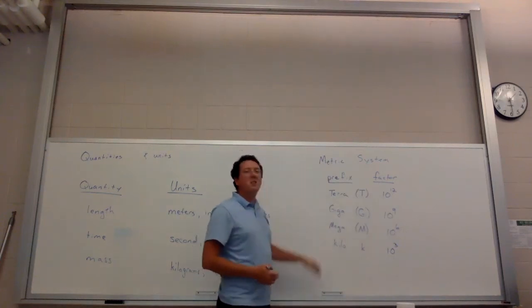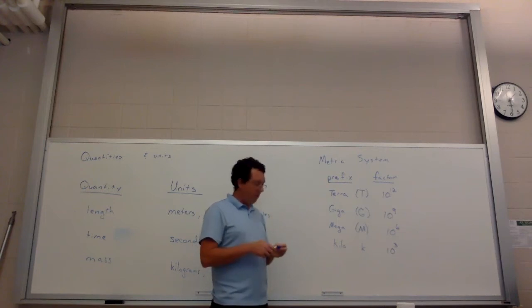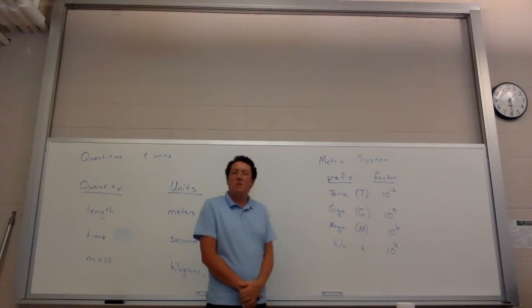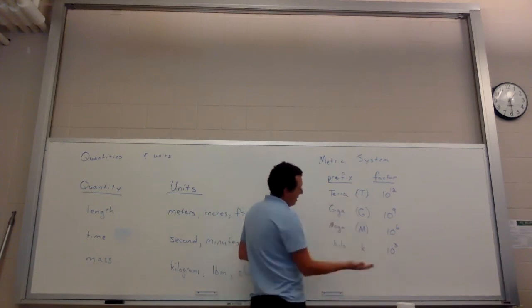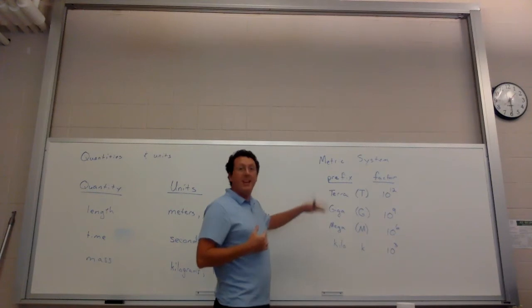Those are the standard ones which are larger than 1. There are some other ones. You can have deca, so that would be just 10, the first power. But it's not standard, so we won't use it in this class. So then other prefixes that we will use are ones that refer to things less than 1.